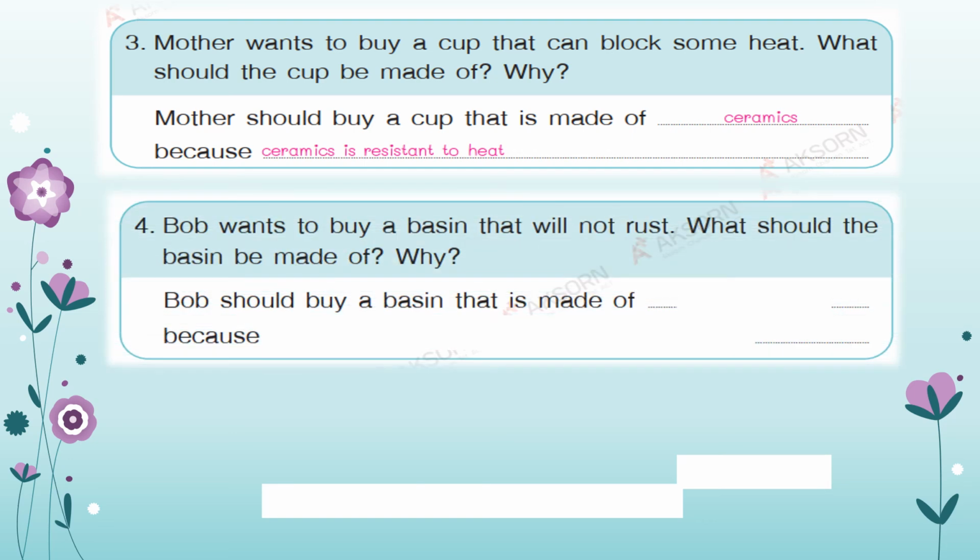Number 4, Bob wants to buy a basin that will not rust. What should the basin be made of and why? Bob should buy a basin that is made of plastic, because plastic is durable and does not become rusty when wet.